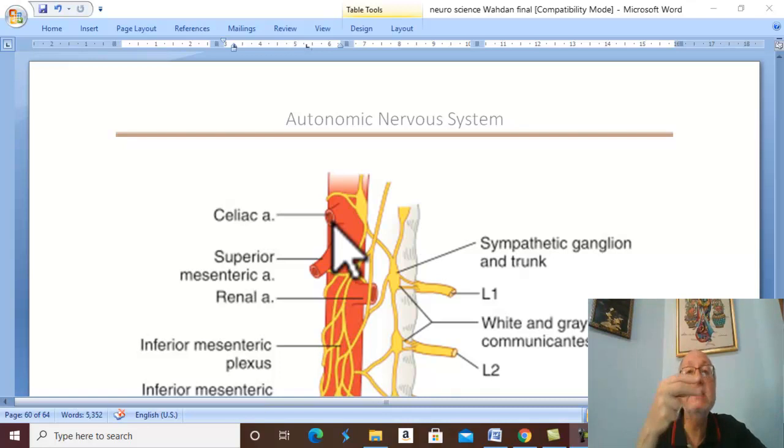And if 2 nerves, the 2 nerves arise from the first and second lumbar sympathetic ganglia. But if 4 nerves, each lumbar sympathetic ganglion gives one of the 4 lumbar splanchnic nerves.